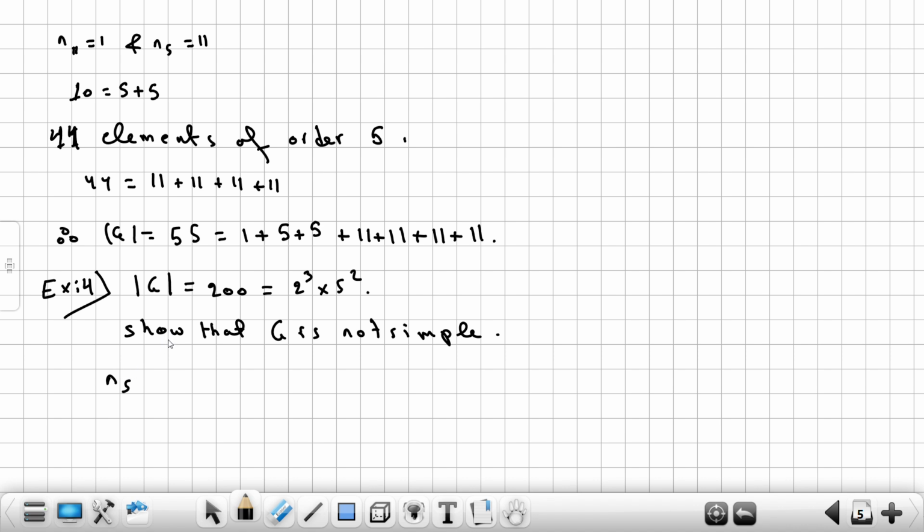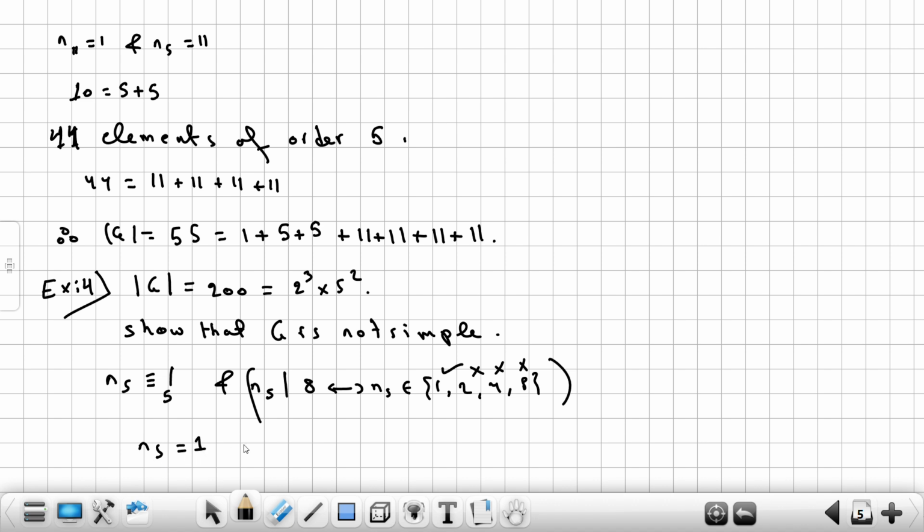And n5 is the number of Sylow 5 subgroups of G, and n5 must be congruent to 1 modulo 5, and n5 divides 8. So n5 divides 8 is equivalent to saying that n5 belongs to 1, 2, 4, 8. Which of these elements is congruent to 1 modulo 5? The only possibility is 1.